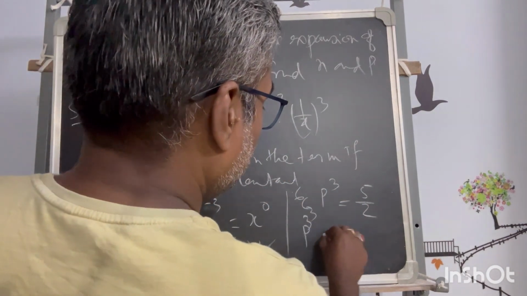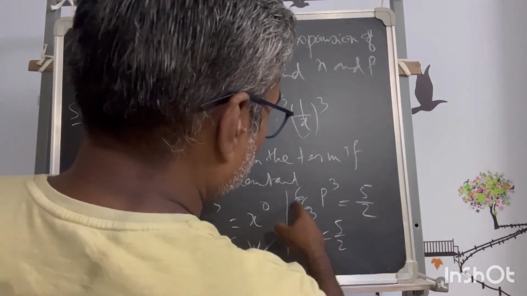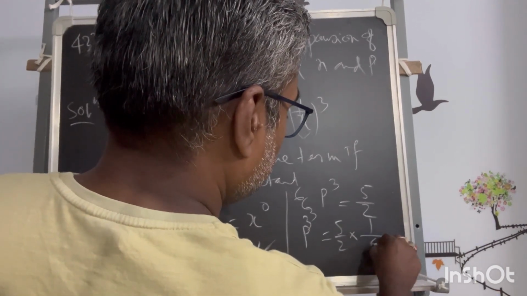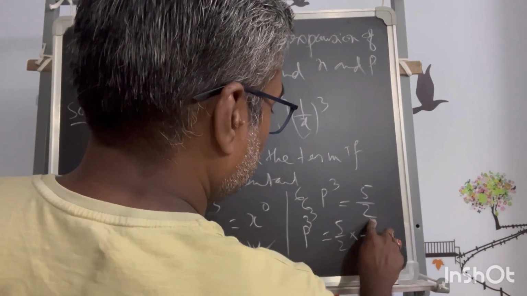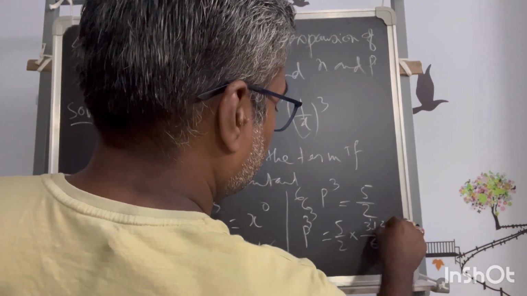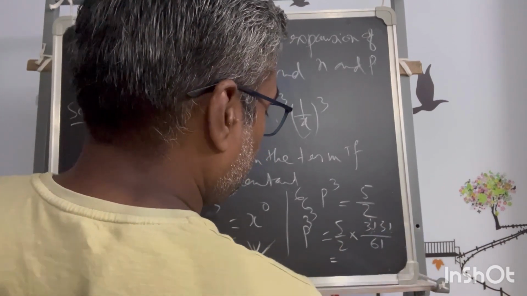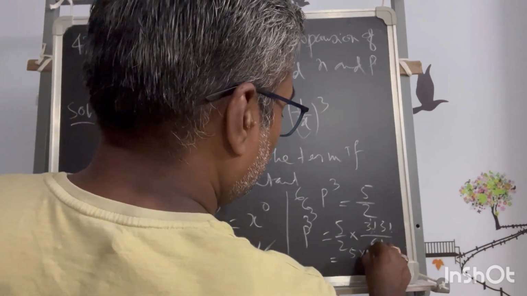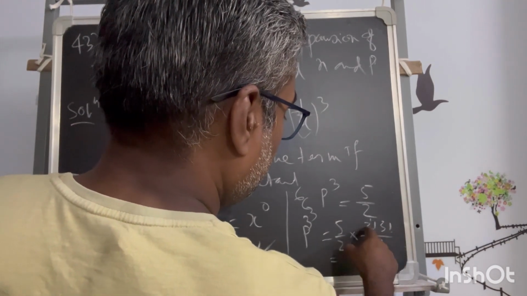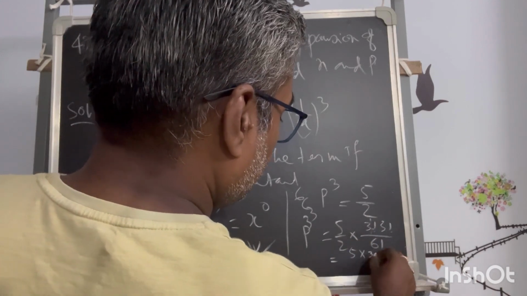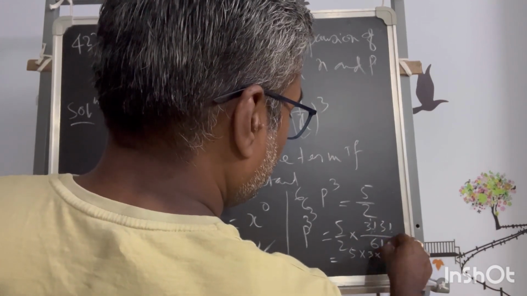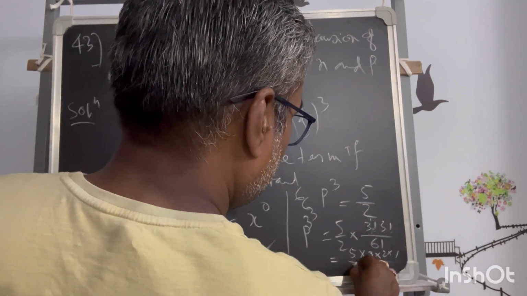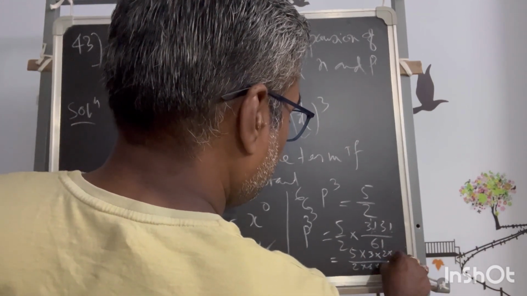So p cube will be 5 by 2, and this will be divided by nC3. So if I divide by 6C3, that is factorial 6 over factorial 3 into factorial 3, now you cancel it out. Factorial 3 will cancel out, and there will be 6 into 5 into 4.